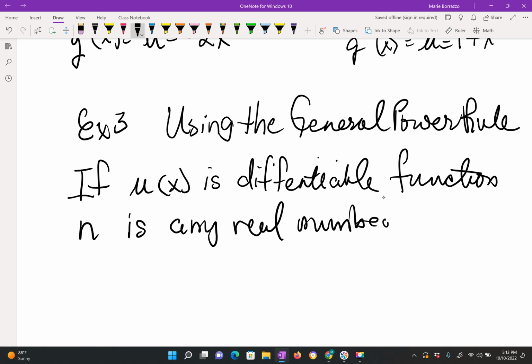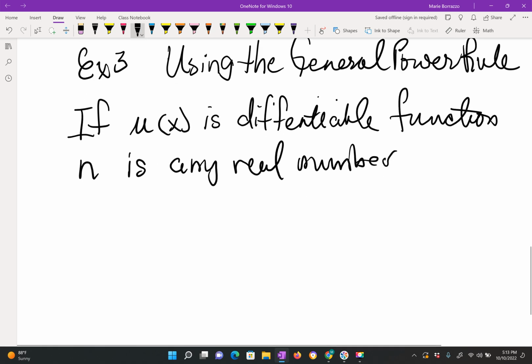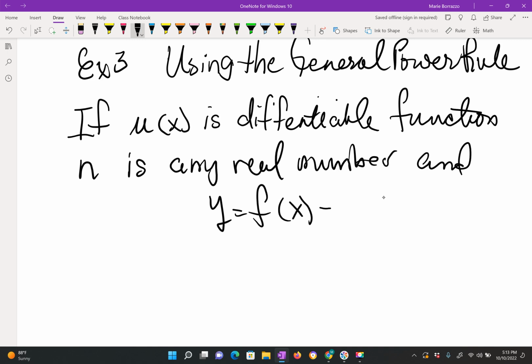This looks like hieroglyphics. When you read the definition, it doesn't even make sense until you do a question. So just take down notes for a minute, and you'll see the connection. And y, which is equal to our f of x, is equal to u of x to the nth. Basically how we differentiate, right?